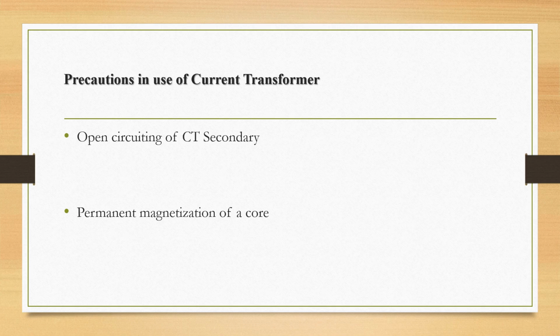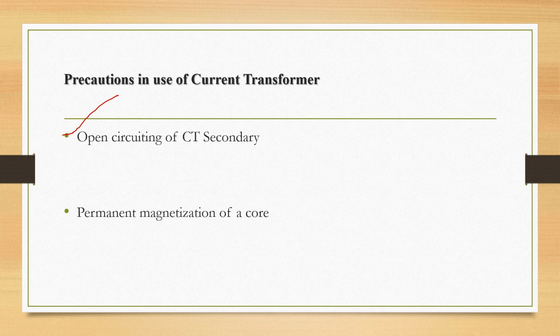Next, there are some precautions for using current transformers. The first and foremost precaution is to avoid open circuiting of the CT secondary, which is very important.